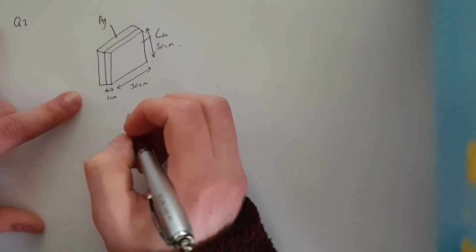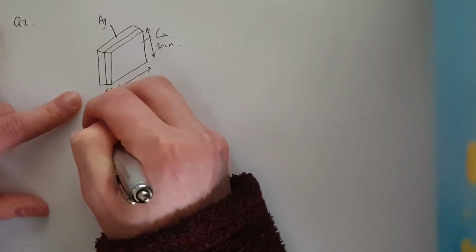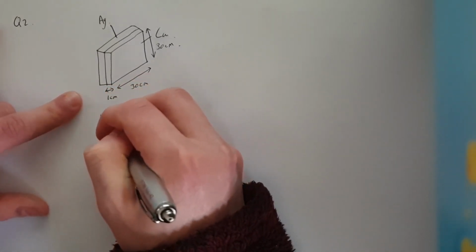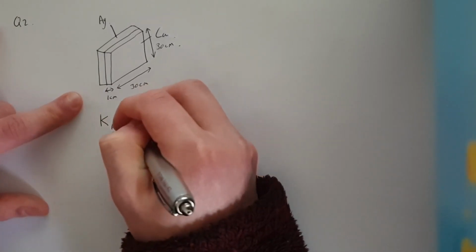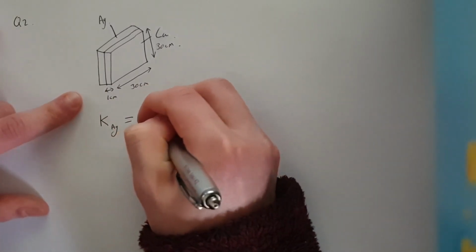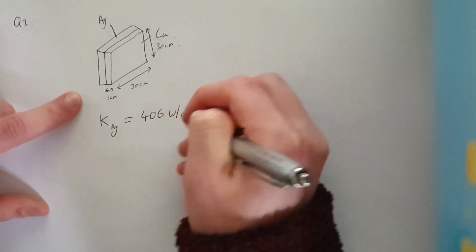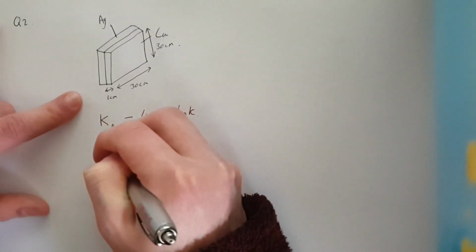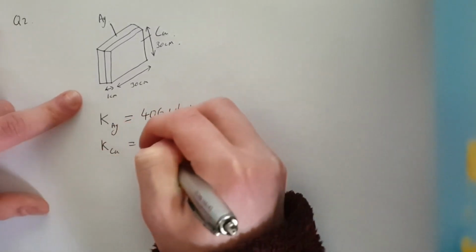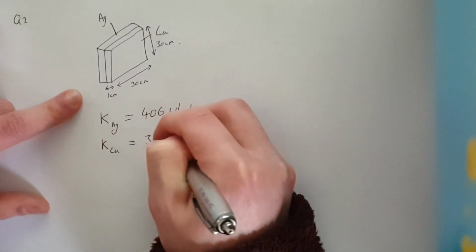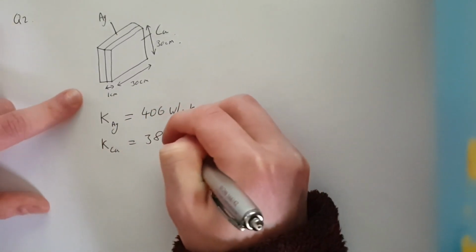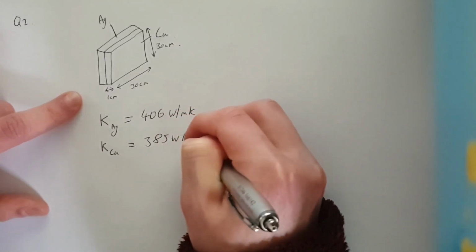Thermal conductivity of the silver, so K, I'm just going to call this Ag, which is for silver. K is equal to 406 watts per meter Kelvin, and Cu is equal to 395 watts per meter Kelvin.